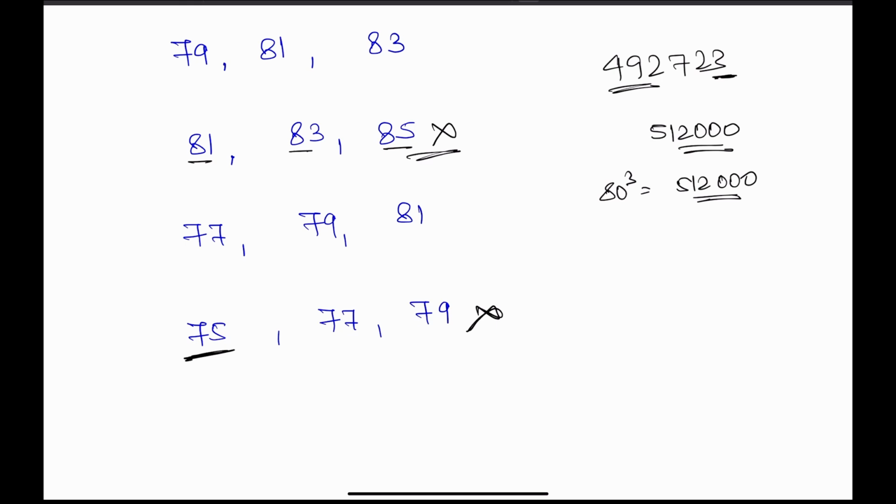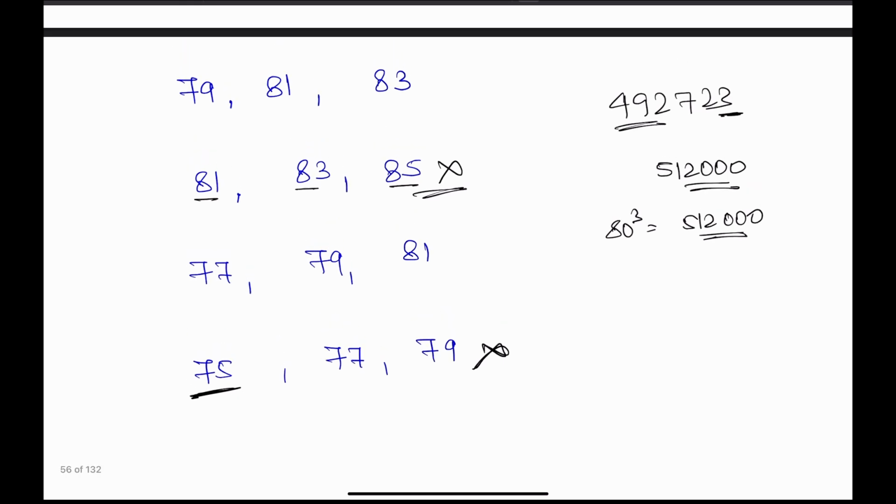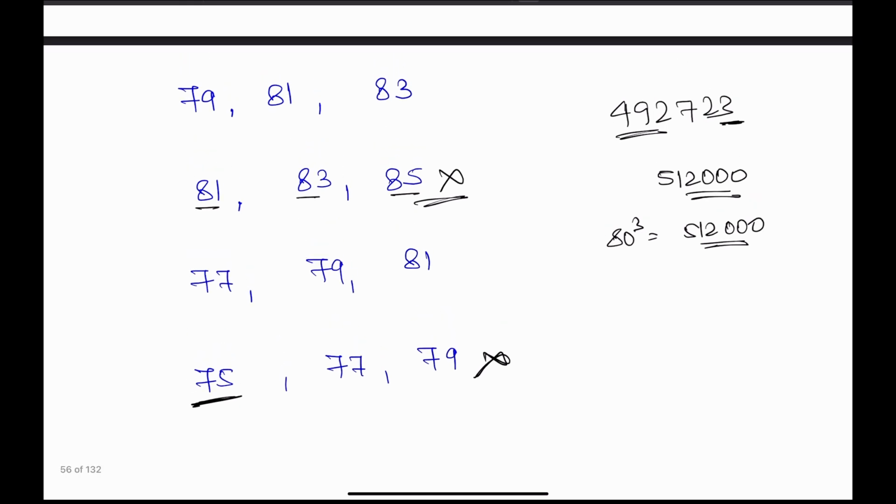Okay, next one could be from here. So last digit is 3. Let's see if there is any possibility in these two. 9327. So if we just see the last digit, we will find out this is not possible.